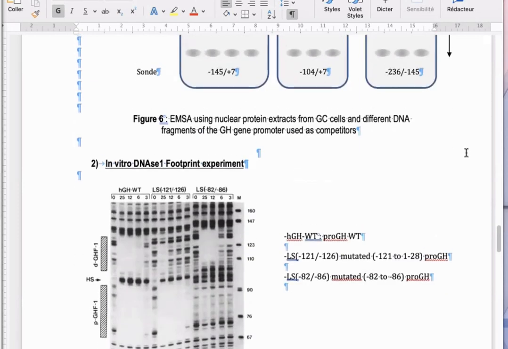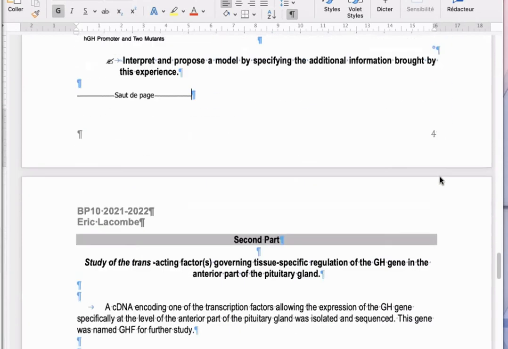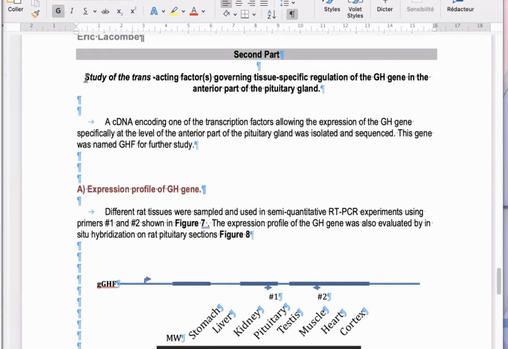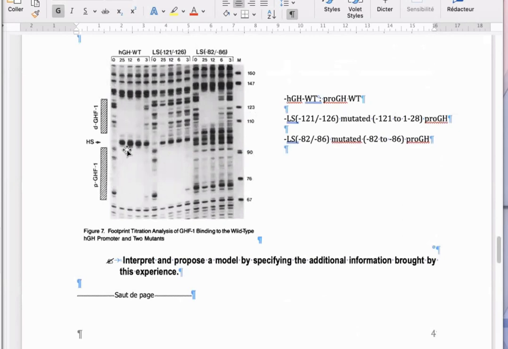What we are going to do is I'm going to explain you how from a promoter analysis like we did today, we can do the molecular characterization of transcription factor. And we will come back to the end of this exercise, which is the case study for studying the transcription factor that bind to the red protein, the one which is bound there.